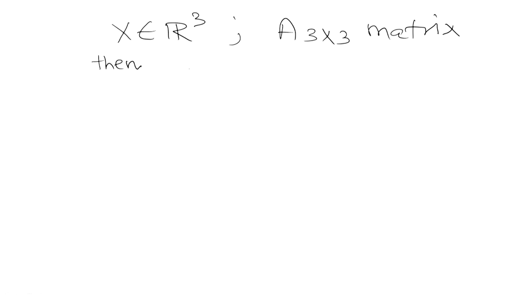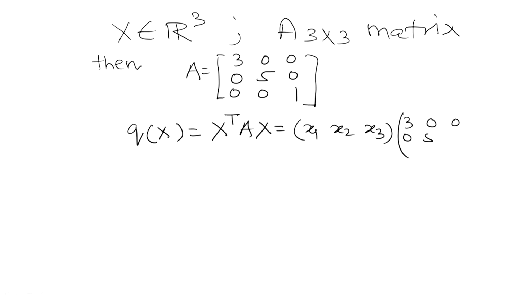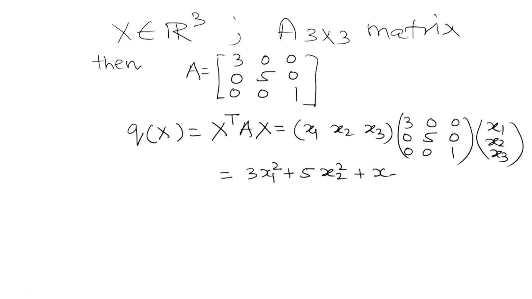For example, if you consider x belongs to R3 and A is a 3 by 3 matrix, if you take A equals 3 0 0, 0 5 0, 0 0 1, then the quadratic form Q of x, which is x transpose A x, will be x1 x2 x3 multiplied with A and the vector x, and this comes out to be 3 x1 square plus 5 x2 square plus x3 square.